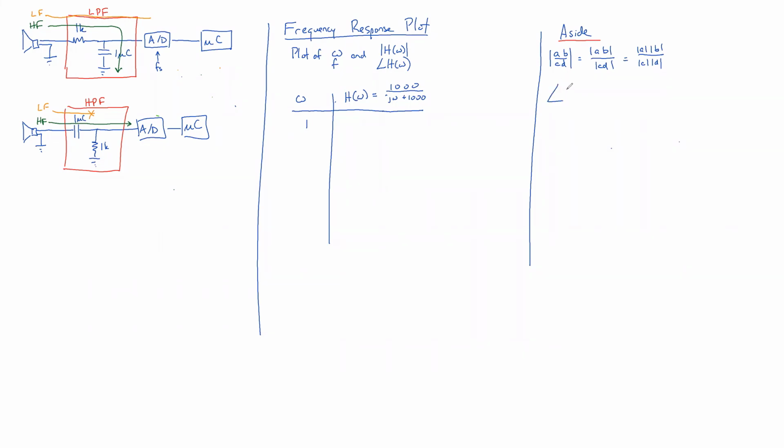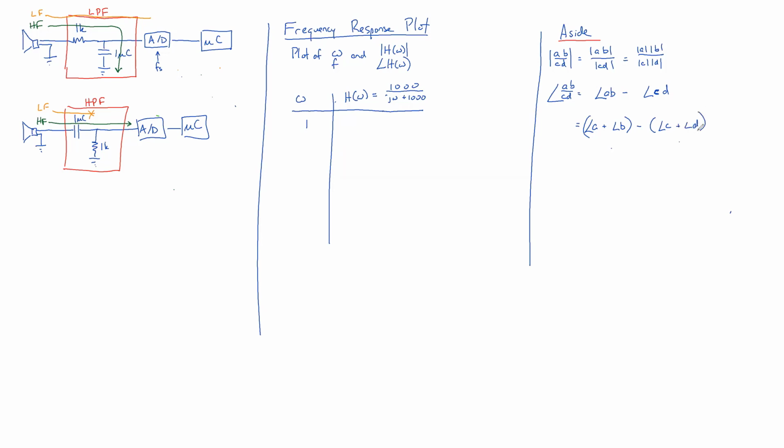Next, to find the angle of AB over CD, it's equal to the angle of the numerator minus the angle of the denominator, and that's equal to the angle of A plus the angle of B. So in other words, multiplying complex numbers, you add their angles, minus the angle of C plus the angle of D.